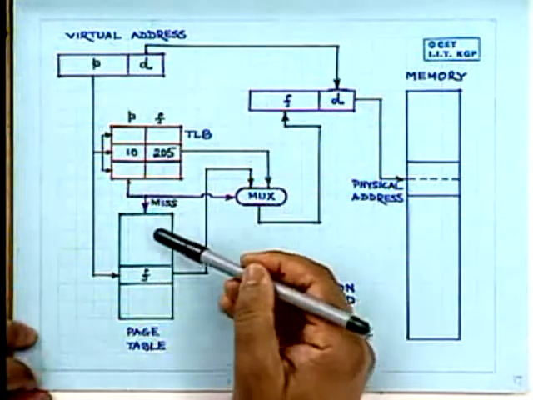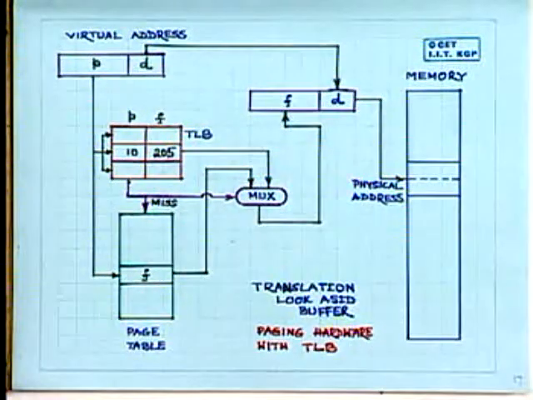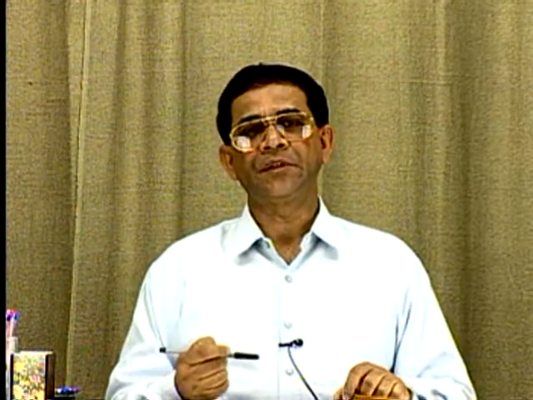Now, as I've told you, in the case of a real process the page table size can be as high as, for example, 1 million entries. For example, if you say 4 GB address space and 4K page size, then 1 million entries will be there in the page table.